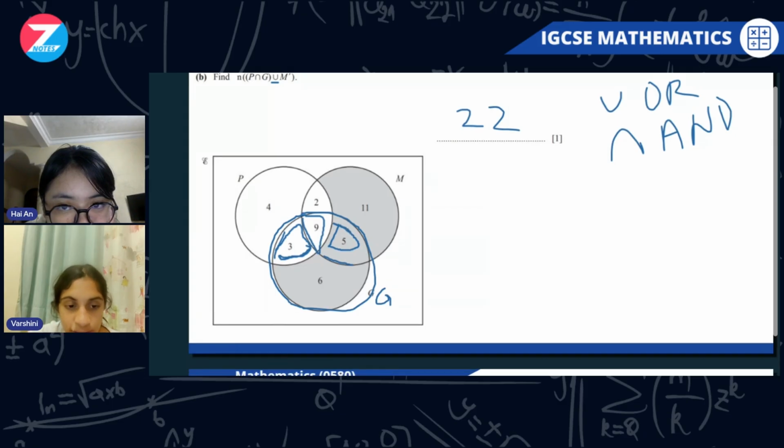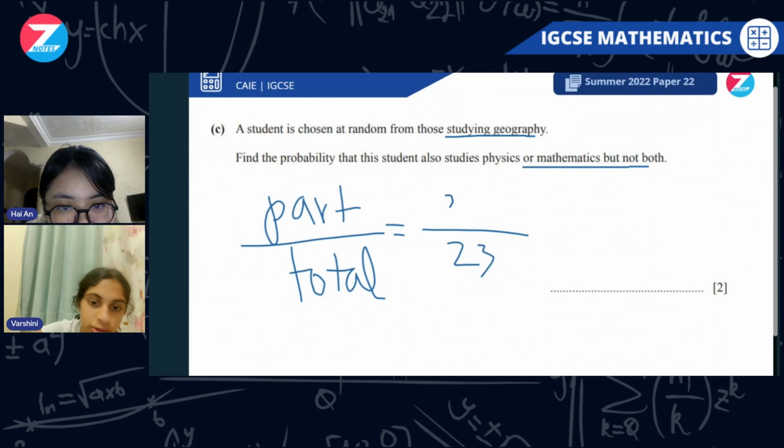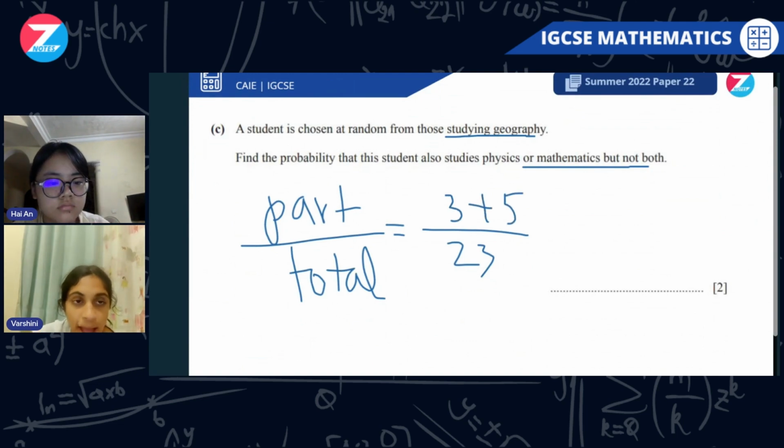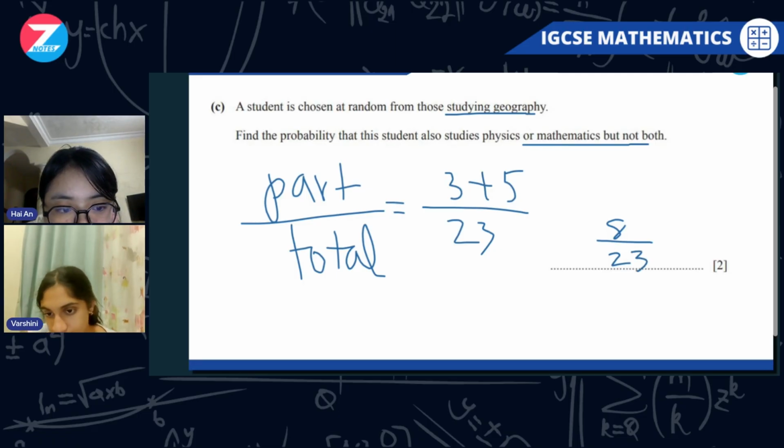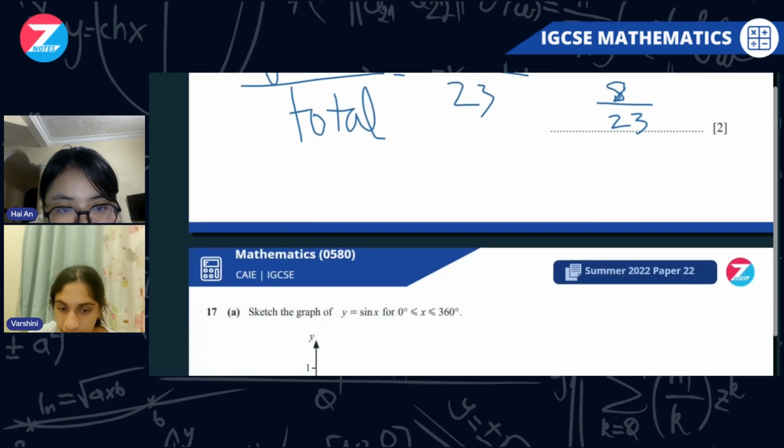So that's 3 plus 5 by 23, which is 8 by 23, our answer. It's best to leave this as a fraction since it doesn't have a perfect decimal value.